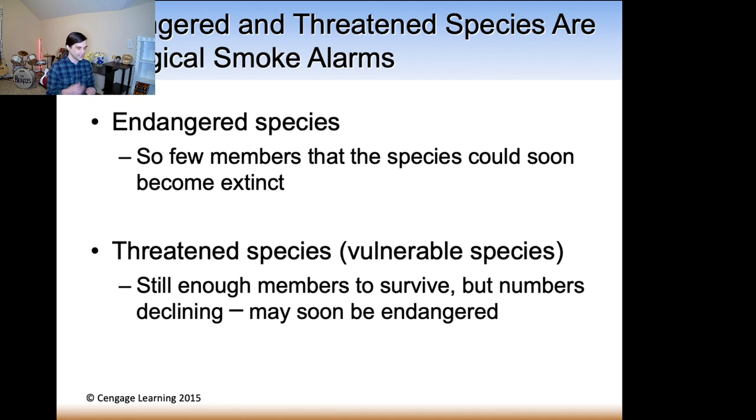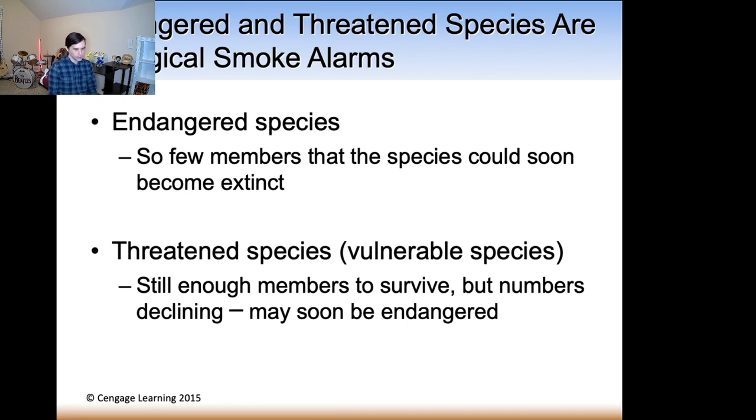So when we see that, we know that there's something up with that environment that's not normal. So we should pay attention to that and try to fix whatever that problem is, because when they leave, or when they're gone, they're not going to come back on their own, because we're probably just going to make that problem worse and move more into their habitat or dump more toxic waste into the environment that they once lived in.